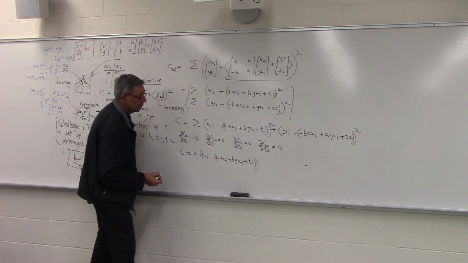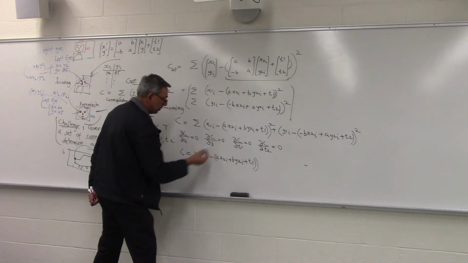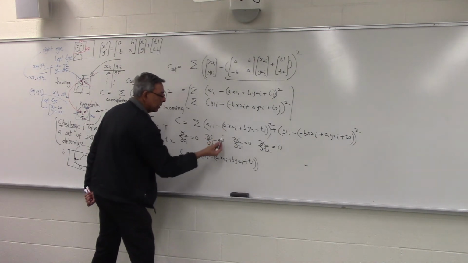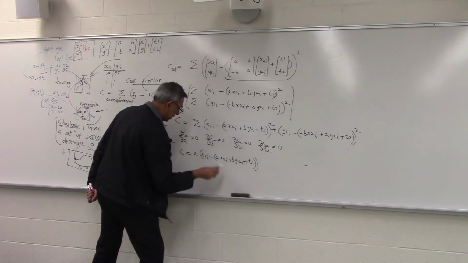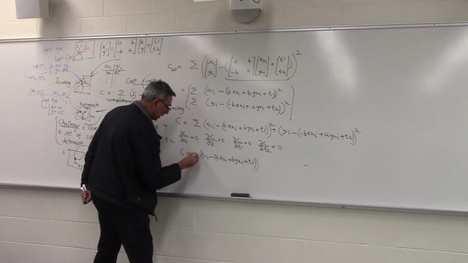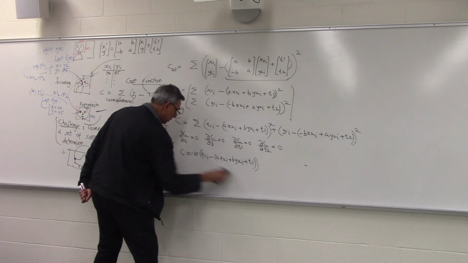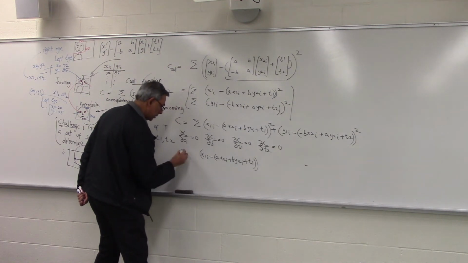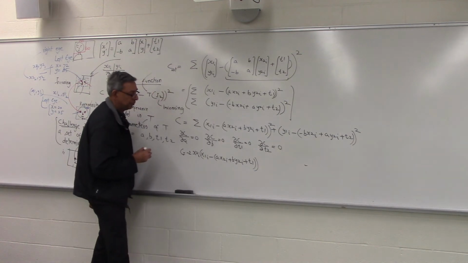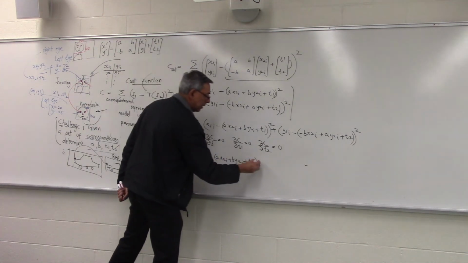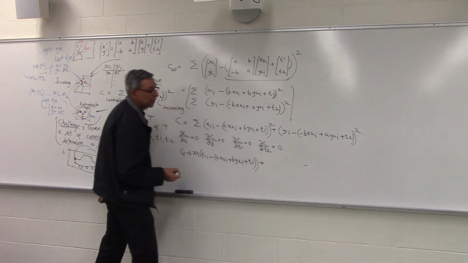So the first one is 0, then minus x2 of i. Then we do the same thing for the second term.